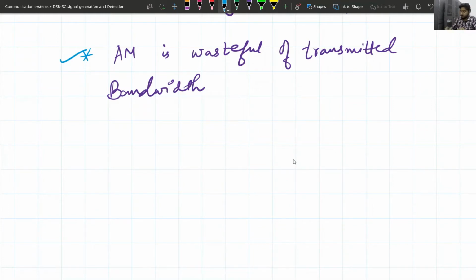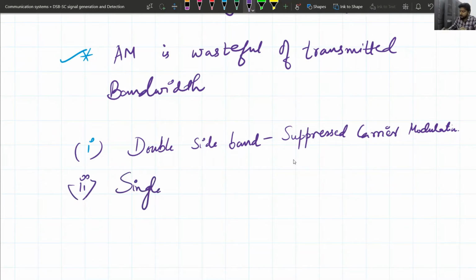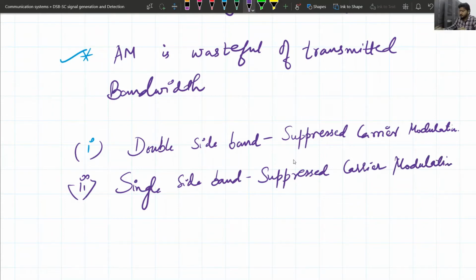These are double sideband suppressed carrier modulation, second one is single sideband suppressed carrier modulation, and one more is vestigial sideband.